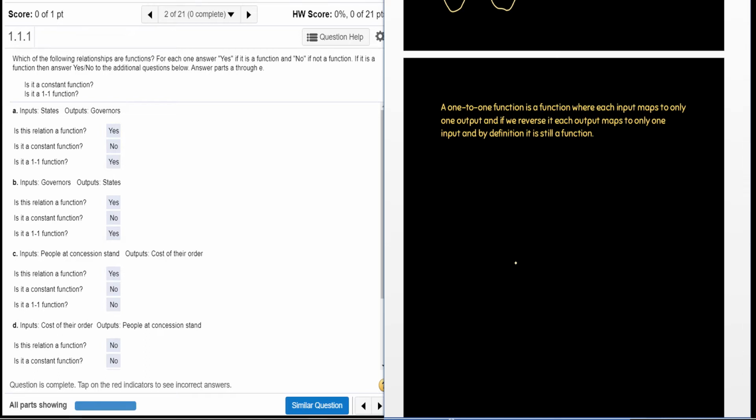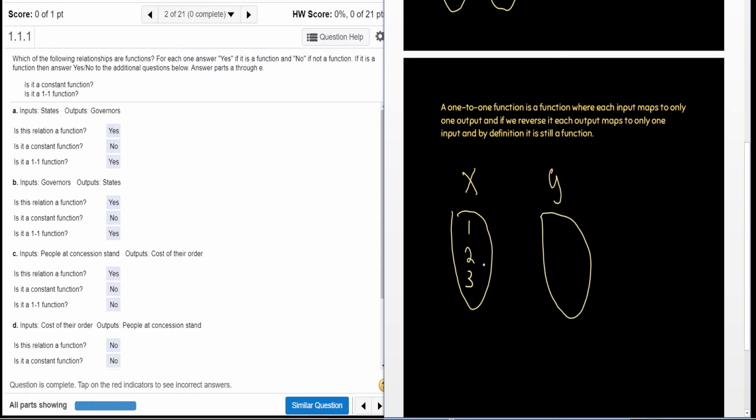A one-to-one function is a function where each input maps to only one output, and if we reverse it, each output maps to one input. For example, if we map each x to a y, you see that it's still a function.